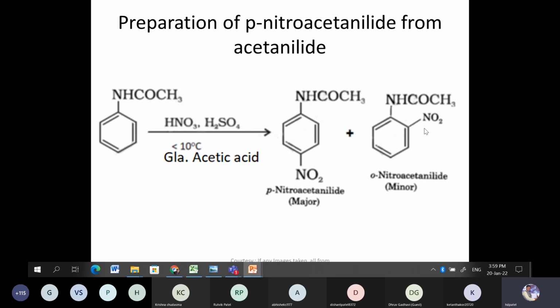Again I am repeating, if the temperature increases during the mixing of the nitrating mixture, then the amount of ortho-nitroacetanilide will also increase. To avoid such a problem, we have to maintain the temperature below 10 degrees centigrade. The reason is you have been given the task to prepare para-nitroacetanilide.